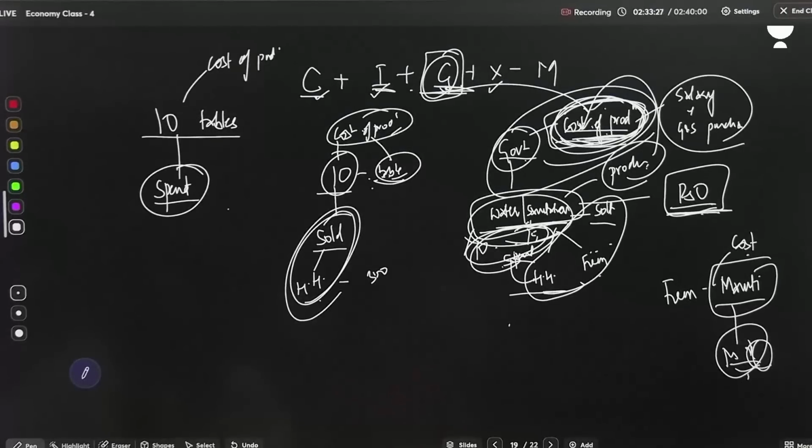Therefore, the government expenditure in the above equation is a cost variable, whereas all the others are expenditure variables.